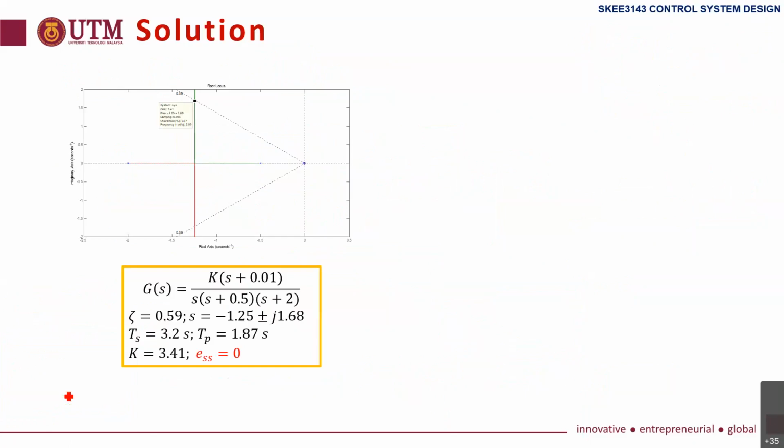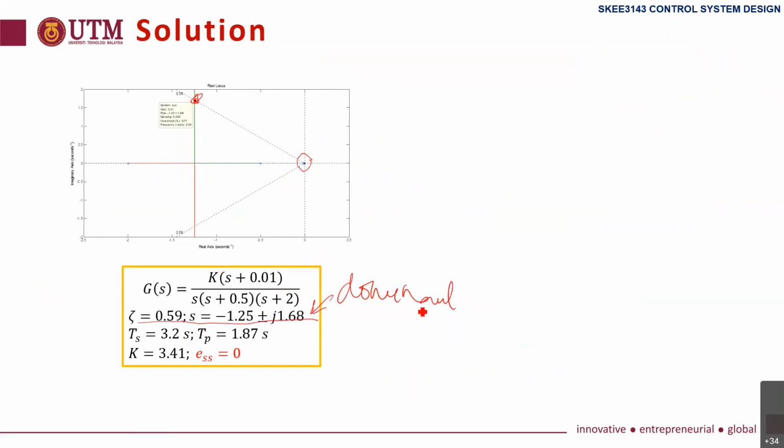This is the real actual one. I plotted it using MATLAB. See, we add 0.01 here. There is one pole at 10 here, and this is the pole. And zeta 0.59. This is the dominant pole.